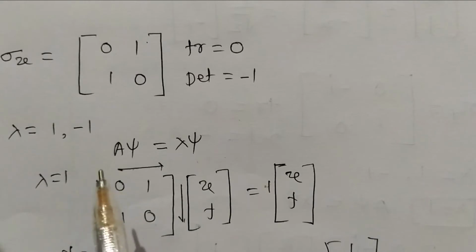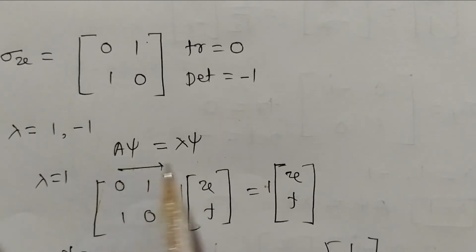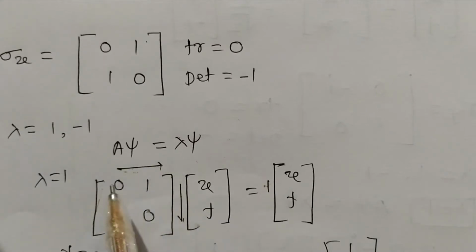By solving the matrix operation, 0 into x plus 1 into y gives y, and this equals x. That is, y is equal to x.